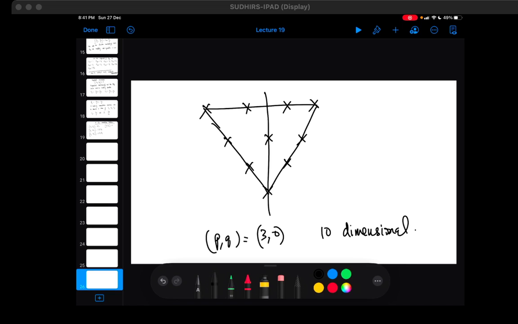So this is called the decuplet representations.